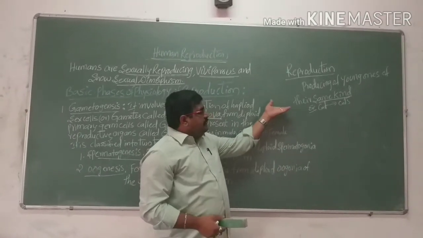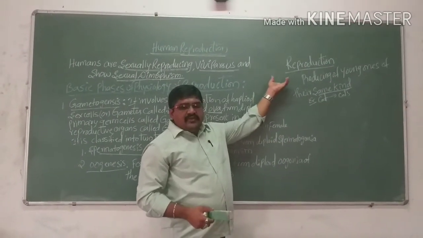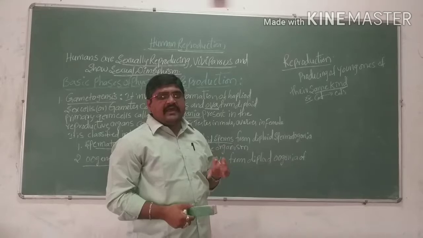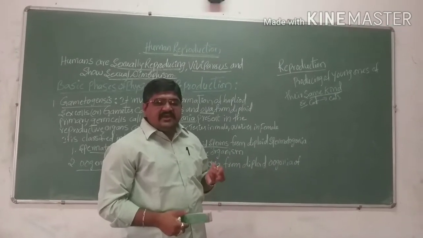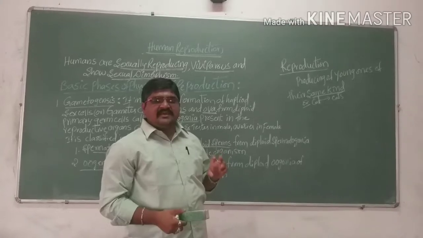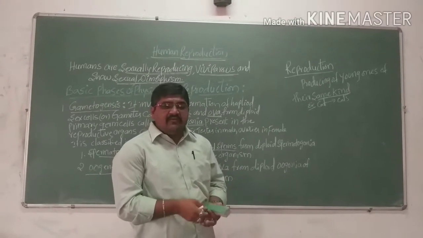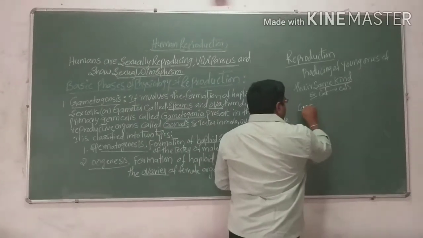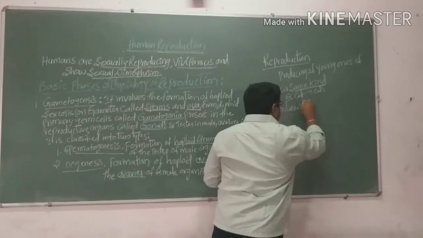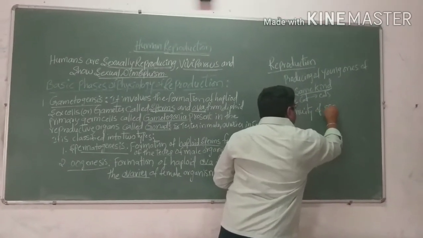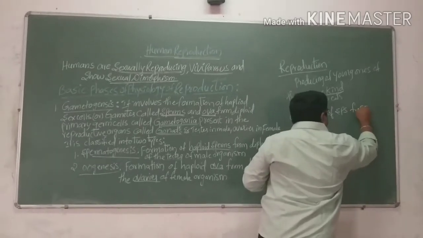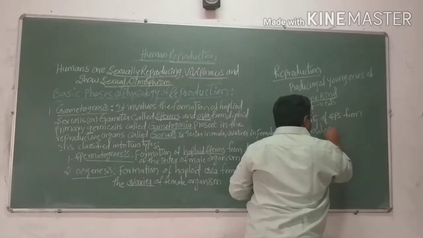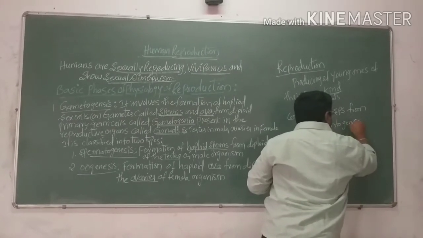Reproduction is one of the important characteristic features of living organisms. It is very important because it helps the continuity of a species from generation to generation.